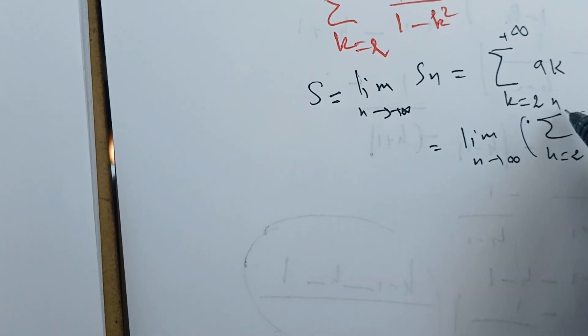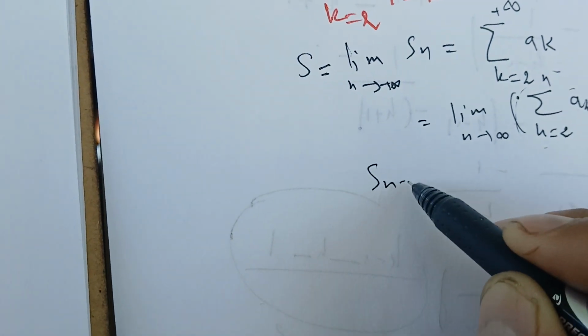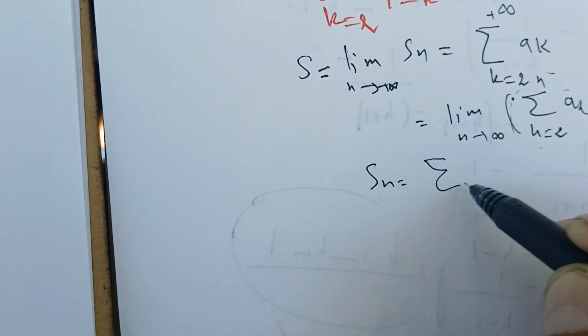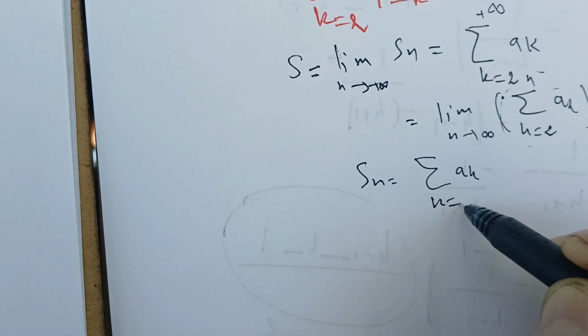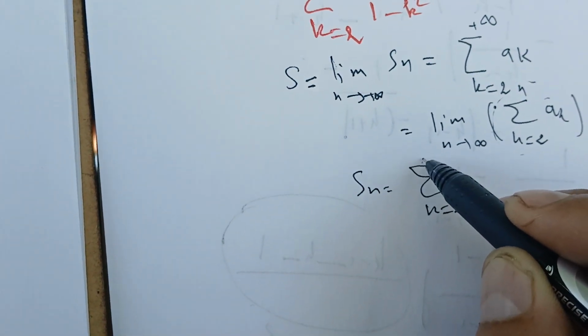In fact, this is what we mean by Sn. So Sn, the partial sum, is the sum of ak, the first n terms of our series.